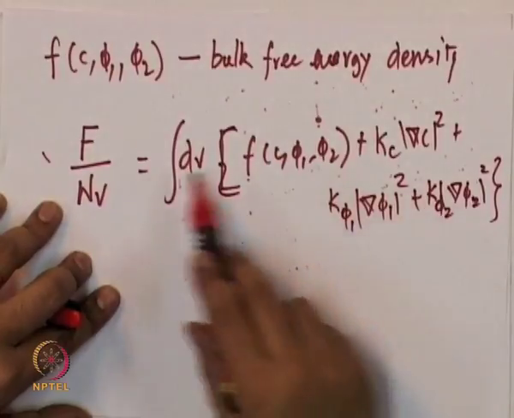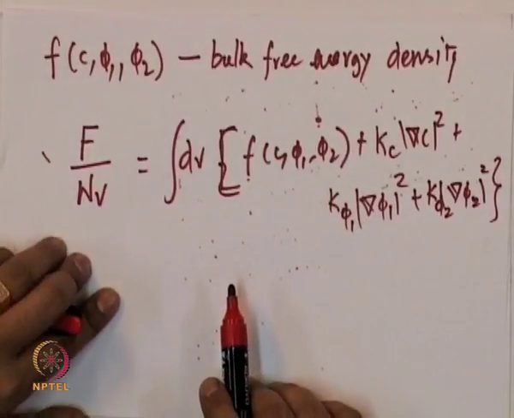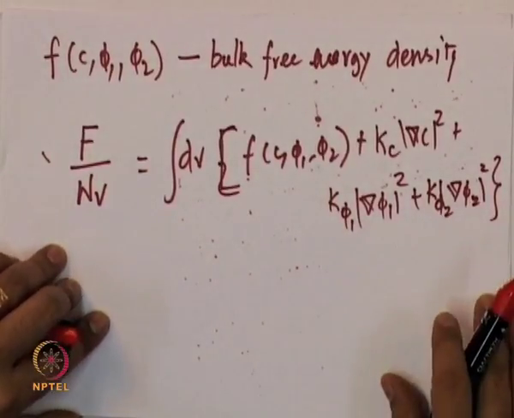So, this is the total free energy for which we are going to write the Euler-Lagrange equation.